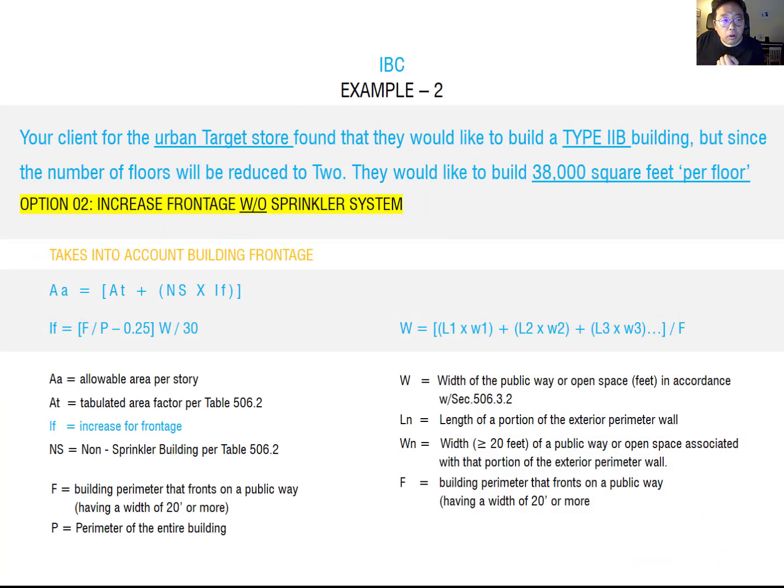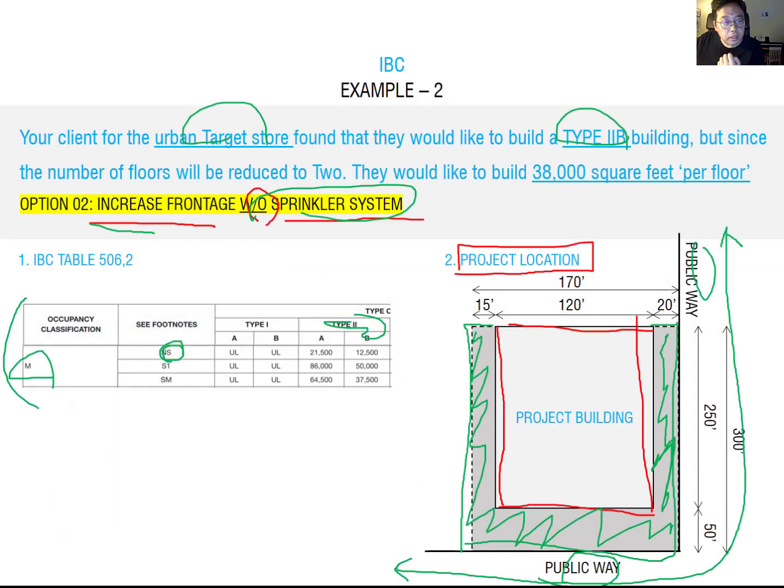To find the increased area, AA, the allowable area per story, we need AT, which you can find basically from the table. Here at NS, this is the AT number.